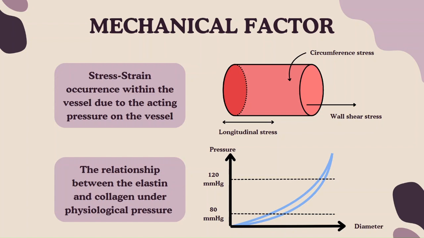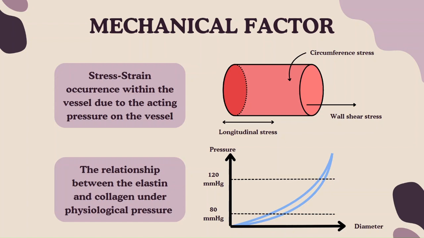The physiological pressure typically ranges from 80 to 120 millimeters of mercury, and the elastic parts that I want to discuss are elastin and collagen. These two are responsible for the compliance of the blood vessel, meaning that it tries to maintain its shape by providing flexibility over time.